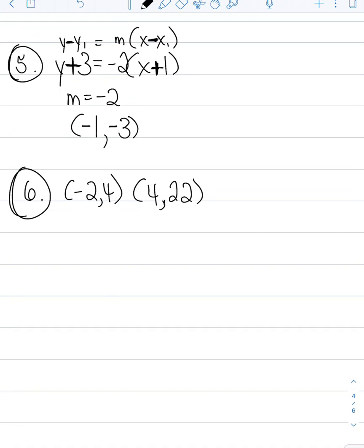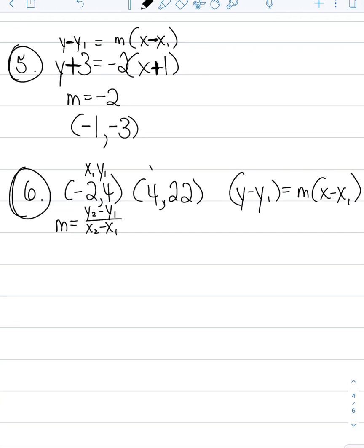Well, I know that for point-slope form, I need 1 point and the slope. So, in the last lesson, or a couple of lessons ago, we learned how to find the slope between 2 points. We used the formula, y2 minus y1 over x2 minus x1, first x, first y, second x, second y.